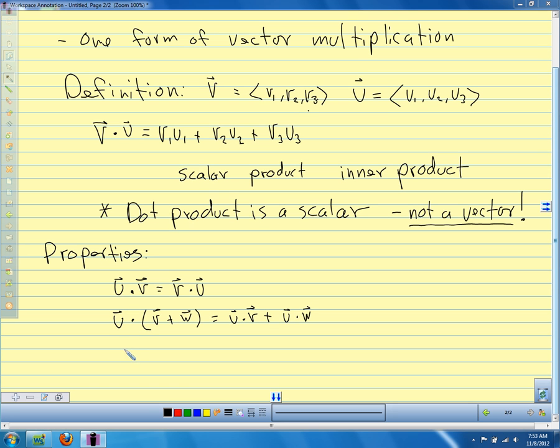If we're multiplying by a scalar C, then C times (U dot V) equals (C times U) dot V, and that also equals U dot (C times V), where C is a scalar.